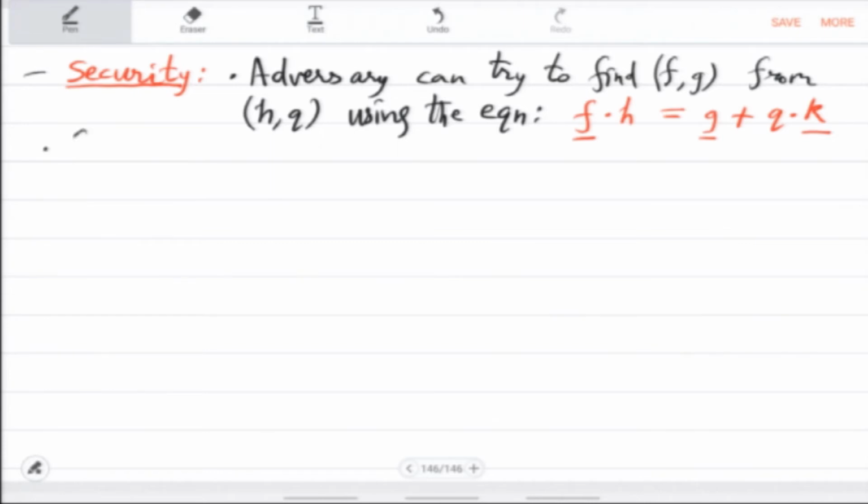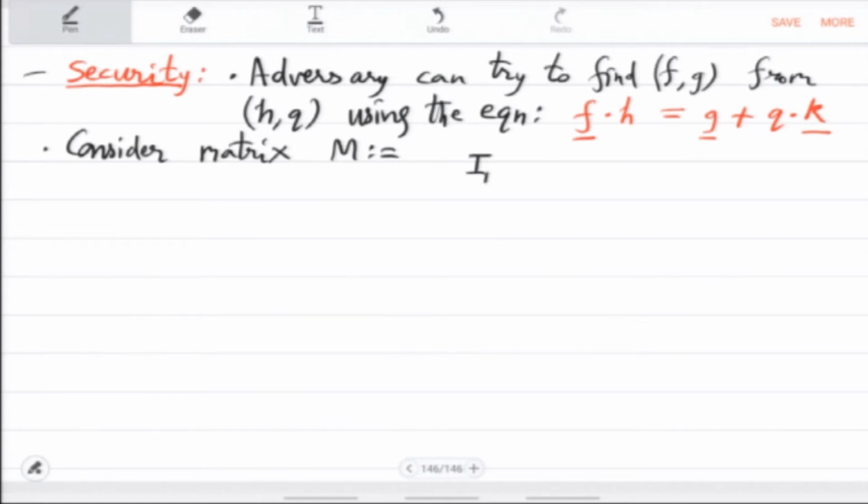So consider matrix M, which will be a 2n cross 2n matrix.